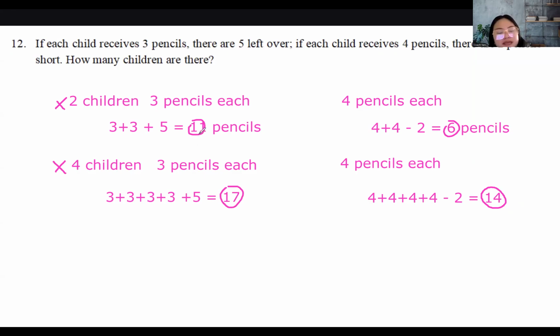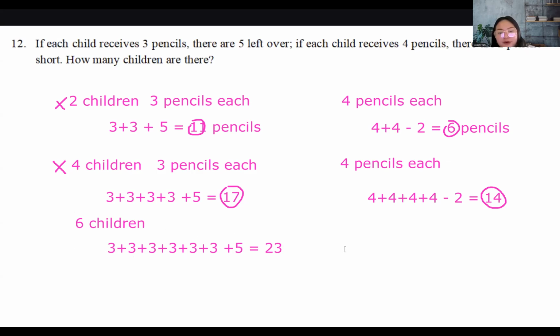But as you can see, the numbers of pencils are getting close to each other. For example, 11 and 6 is farther apart than 17 and 14. So that means we must be close to our real answer. So let's try 6 children. 3 pencils each gives you 1, 2, 3, 4, 5, 6, plus the 5 extra. That is 23 pencils.